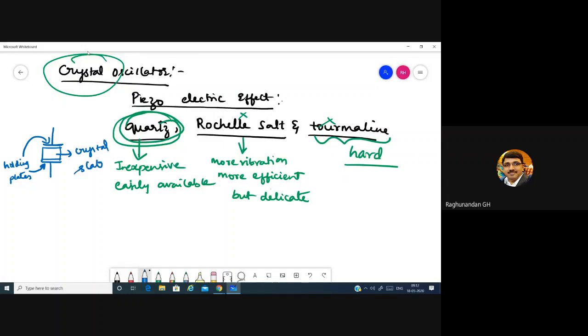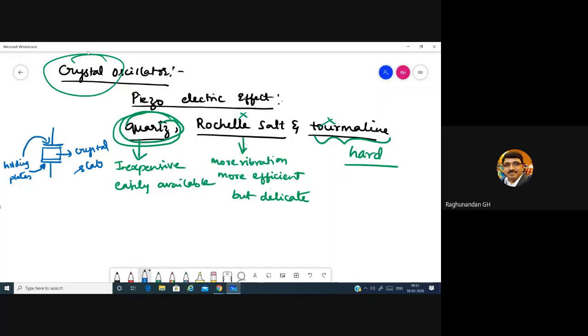So these two are holding plates, and it's a crystal slab we are having. This is how actually the crystal looks like. In the center we'll be having the crystal, and on either side we'll be having the steel plates.